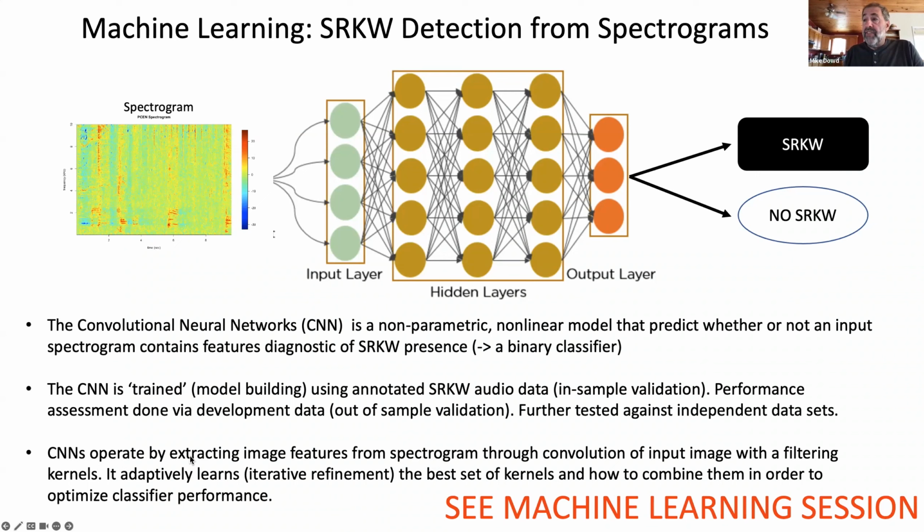The trick is that they are adaptively learning those filtering kernels, trying to pick out the features that are the most diagnostic of killer whale presence, get rid of the features that aren't, and link those together in certain ways. So it's basically a fancy application of digital filtering.